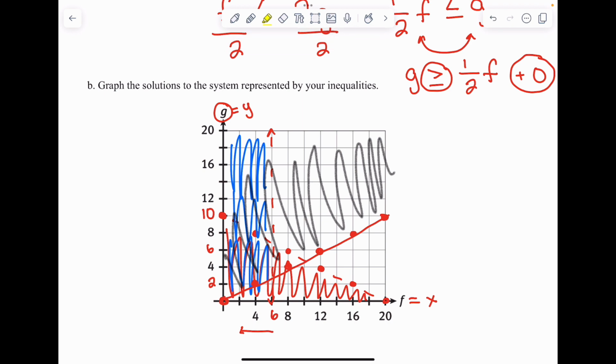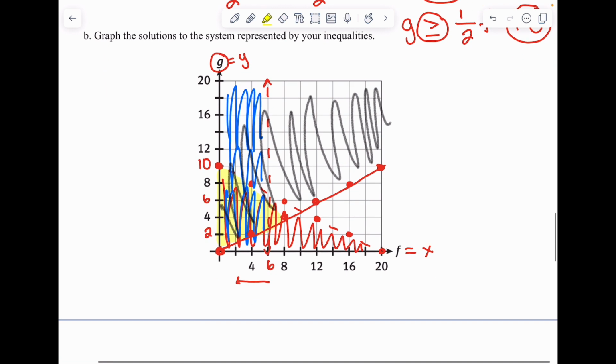And I know it's a little chaotic with 3 different inequalities going on, but hopefully you can see that I have an area right here where all 3 shadings overlap. Those are the solutions to this inequality, and these represent possible combinations of free throws and field goals that Ray could have made.